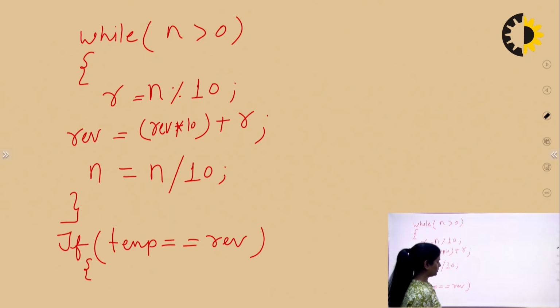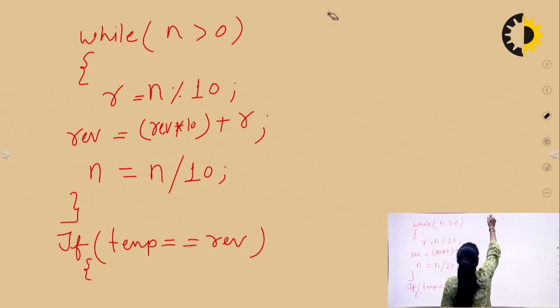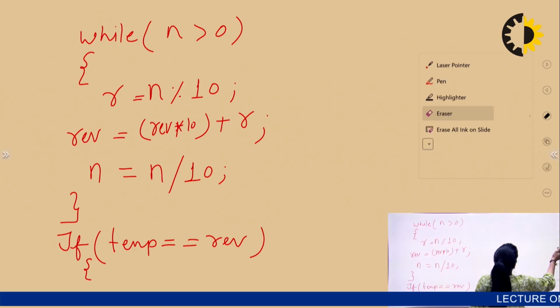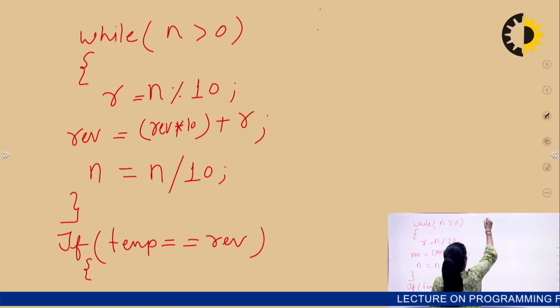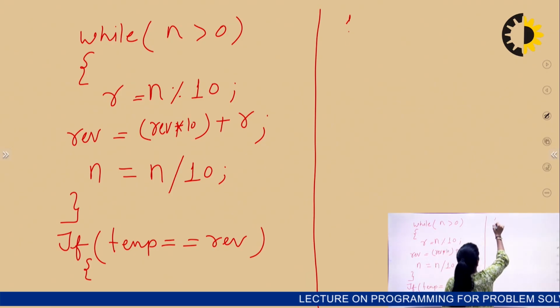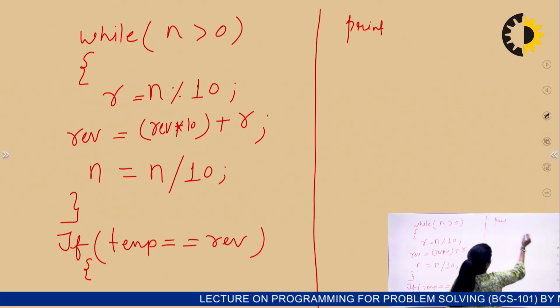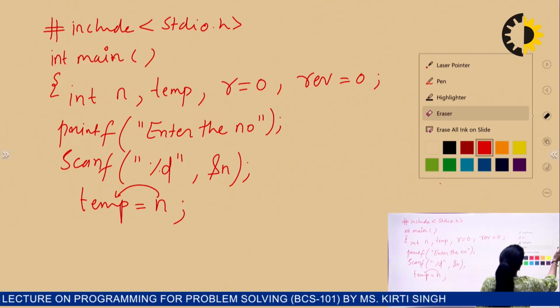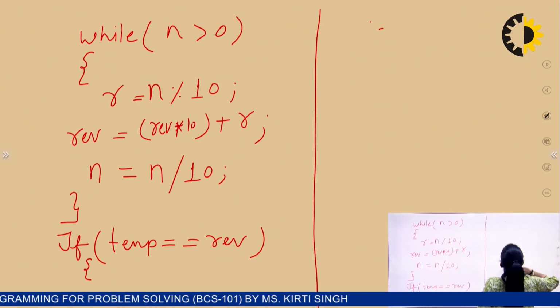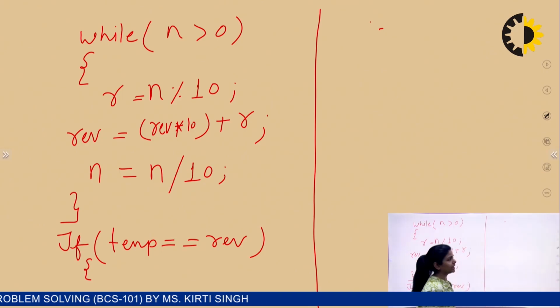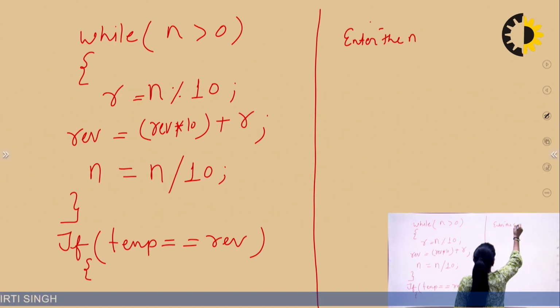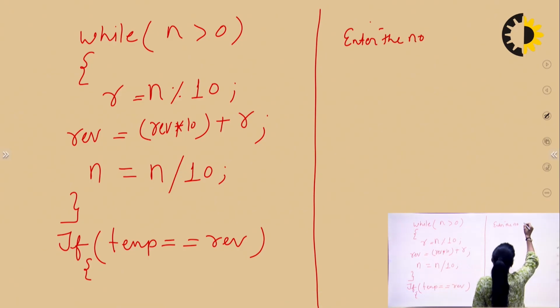Okay, so let's assume you can print here, execute the program, ask from the user, enter the number, user can enter the number is 1 2 3.